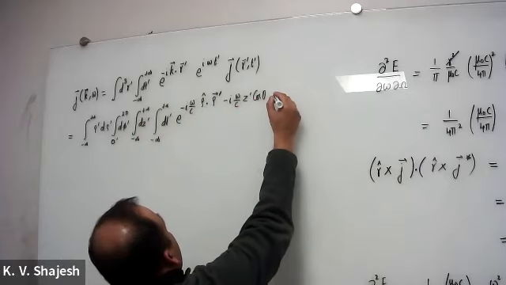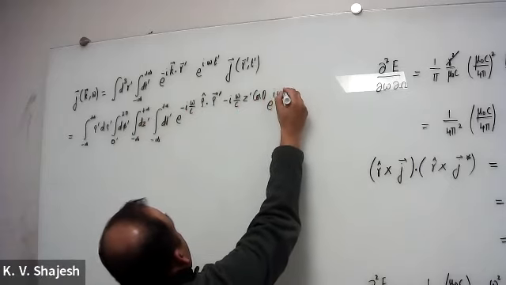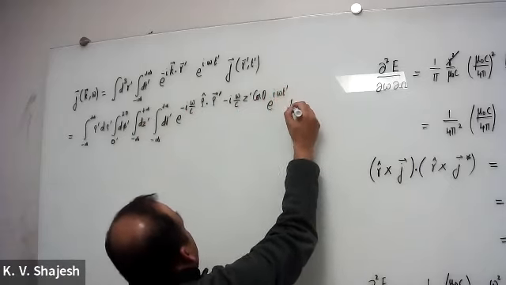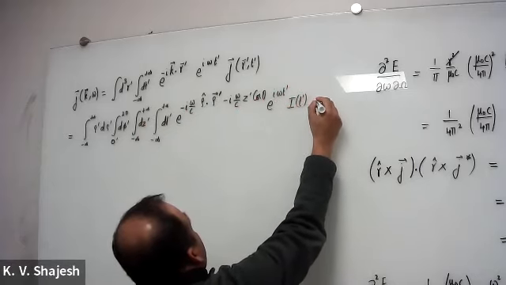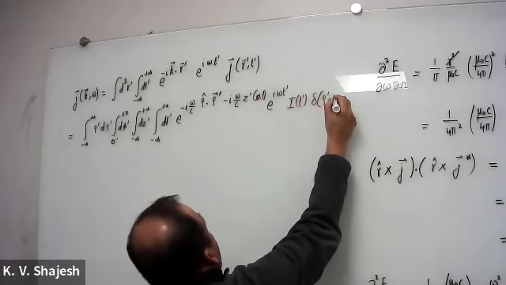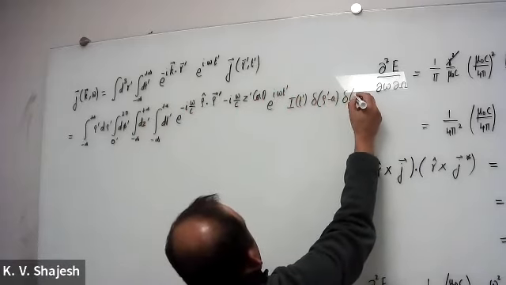And then there is e raised to i omega t prime. This is I of t prime, delta of rho prime minus a, and this is delta of z prime.